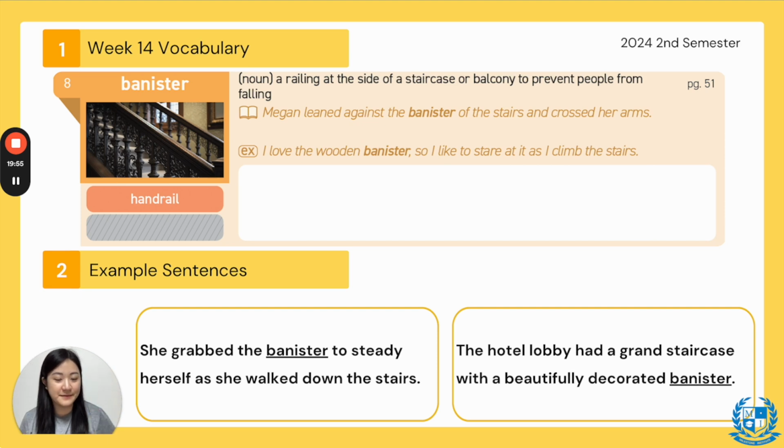It's very safe. Next one, it says, the hotel lobby had a grand staircase with a beautifully decorated banister. So yes, when you go to a big hotel, they have very luxurious banisters. Some gold, some really shiny, some really sparkly.